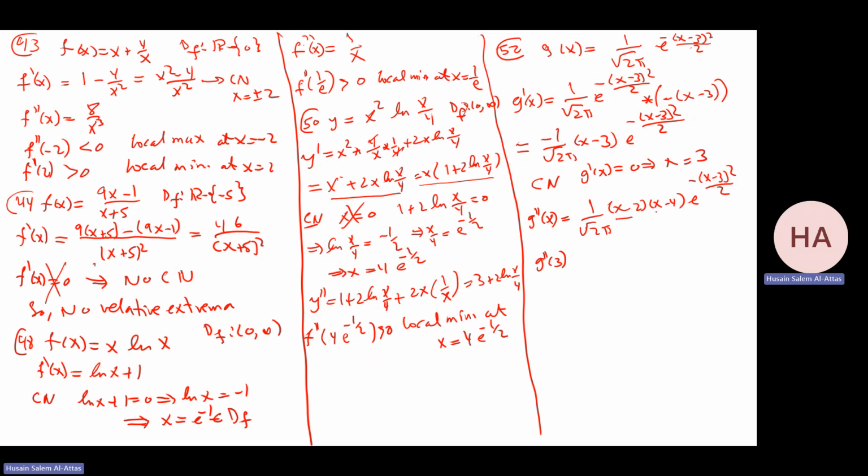This will be positive, this will be negative, this is always positive, so it will be negative. So I have a local maximum at x equals 3.